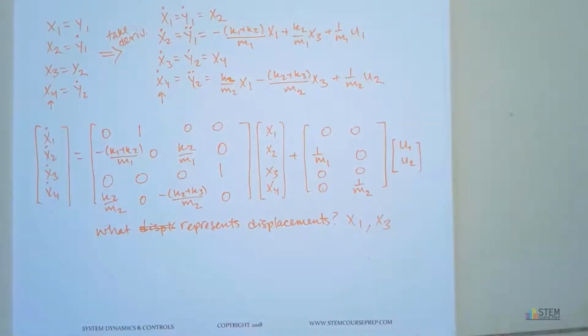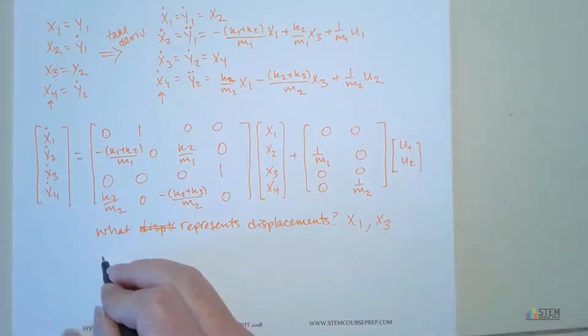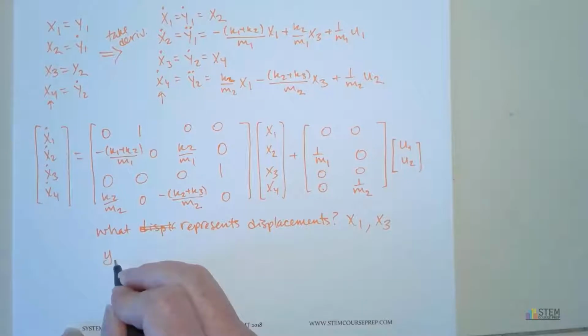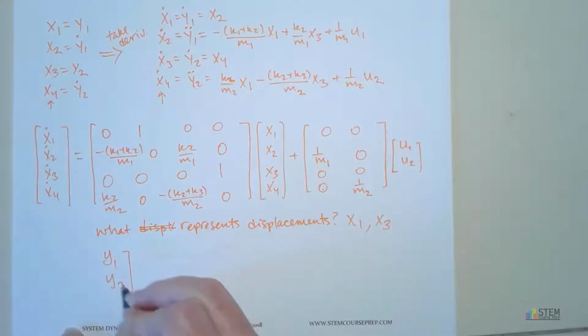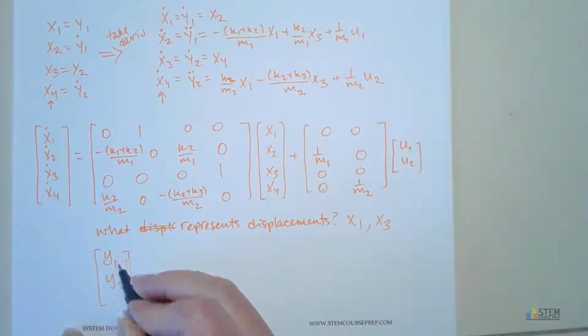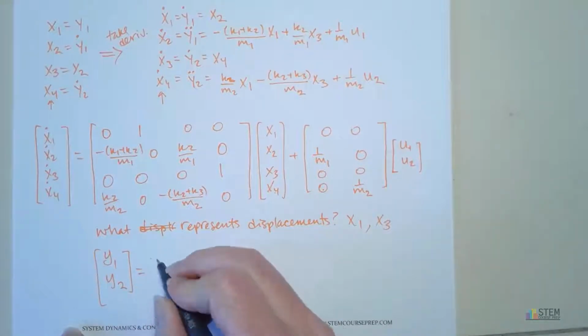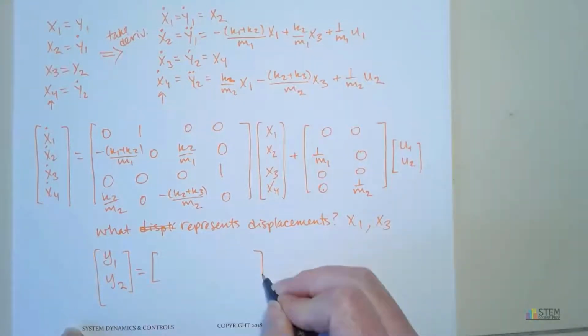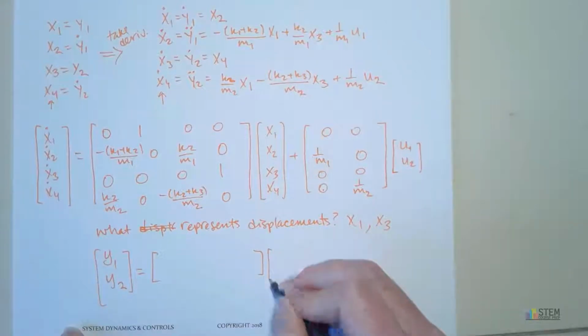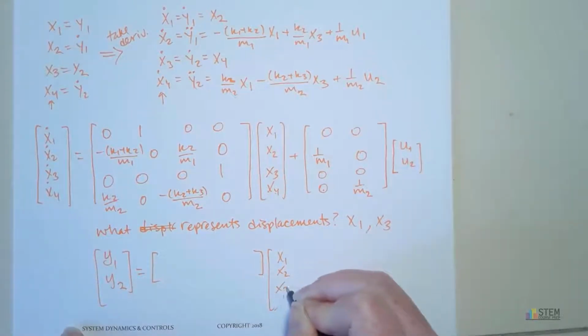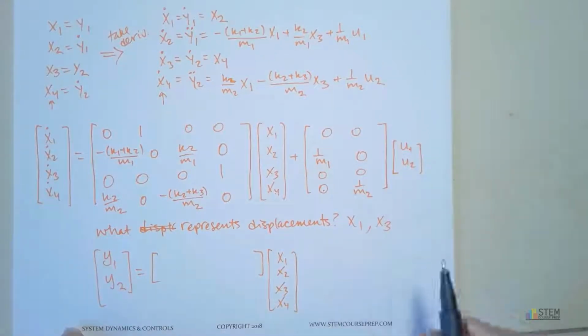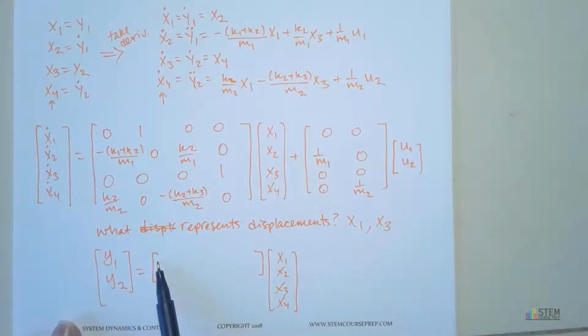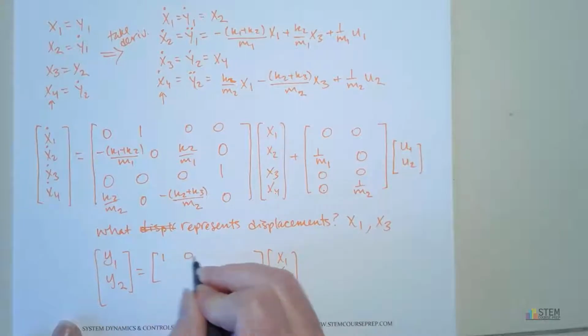Okay, so when we multiply C times x, we want to get these out. So let's go ahead and write this out. Now this one we're going to get 2 out, so I'm going to have a y1 and a y2, and that's going to equal our C matrix times x. So this top row, let's just say that we get x1 from this one. So that's going to be 1, 0, 0, and 0.